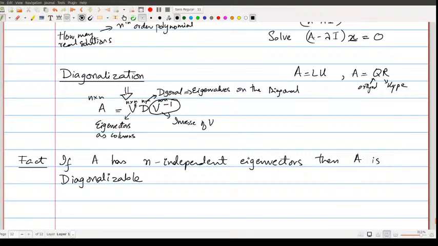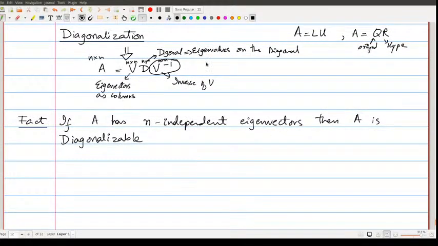And V has eigenvectors of A as its columns, right? So if the columns of V are independent, that means the eigenvectors are independent. So V will only have an inverse when the eigenvectors are independent, and there are n of them and they're all independent, right? So that's something that we need when we want to diagonalize a matrix.